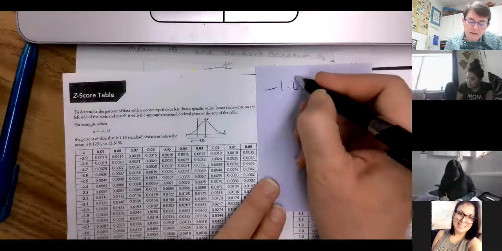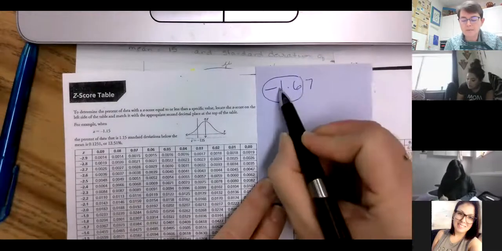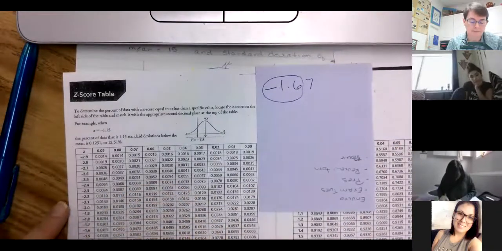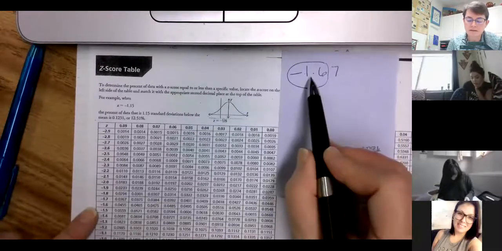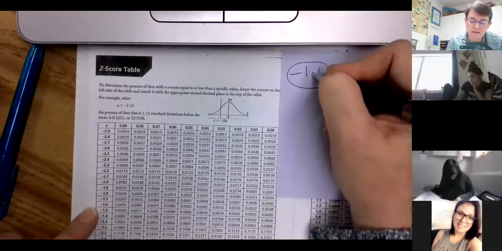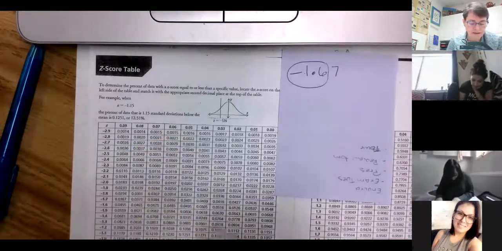So the first two numbers, so the whole number and the first decimal place, are going to be in this column. So I need to go down. Basically, I'm looking for negative 1.6. Okay, so go down this one, and there's negative 1.6.